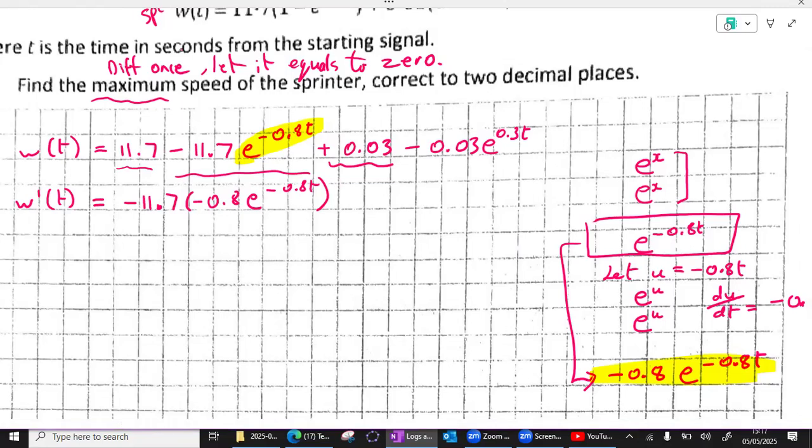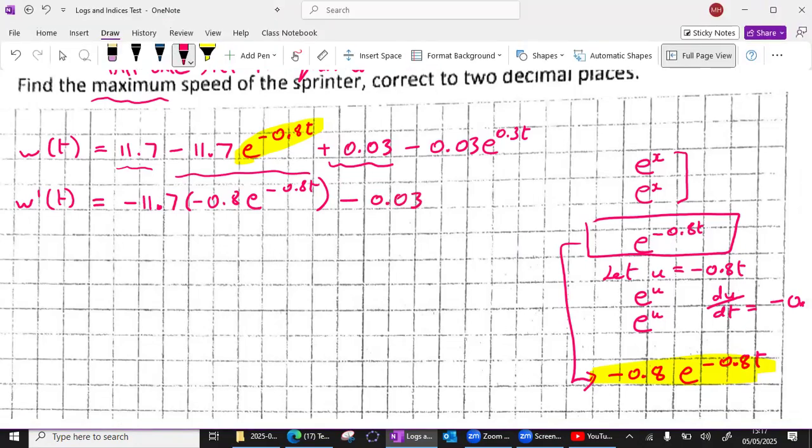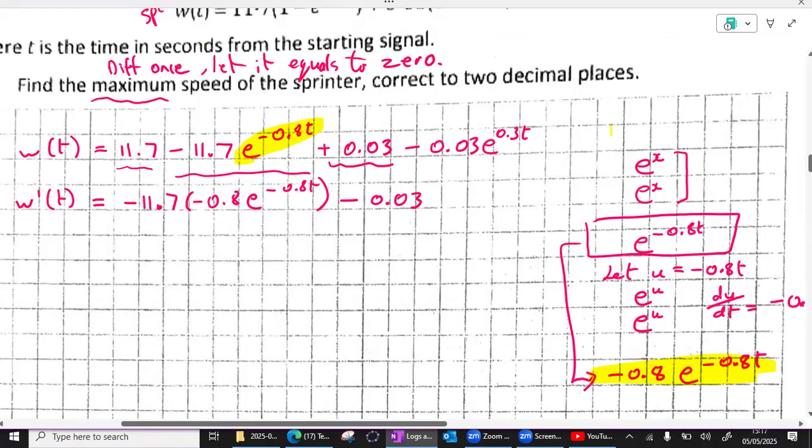Now the next one, again, the 0.03 stays because it is multiplying our e. But we need to remember that this bit, just like the other bit, has to be done as well. So if we compare it to the other one, what's going to go here?